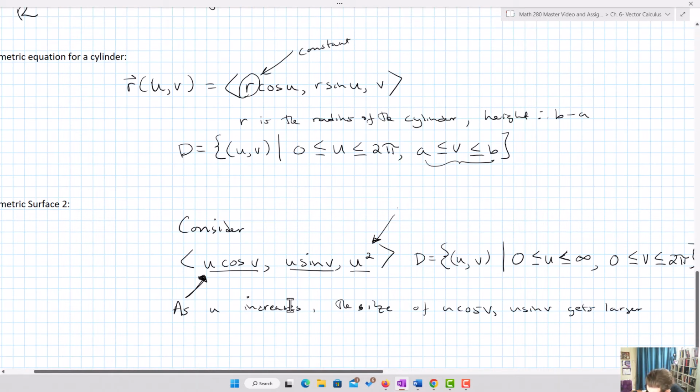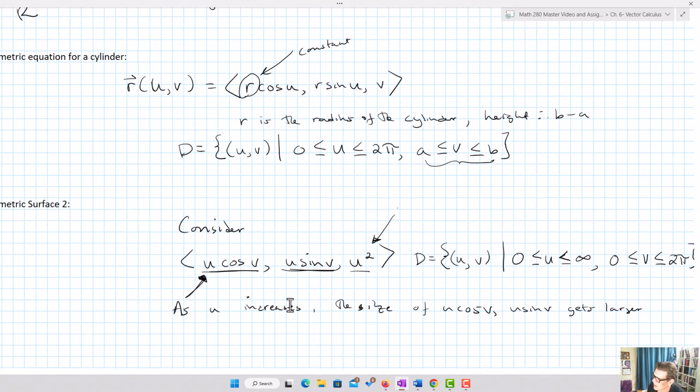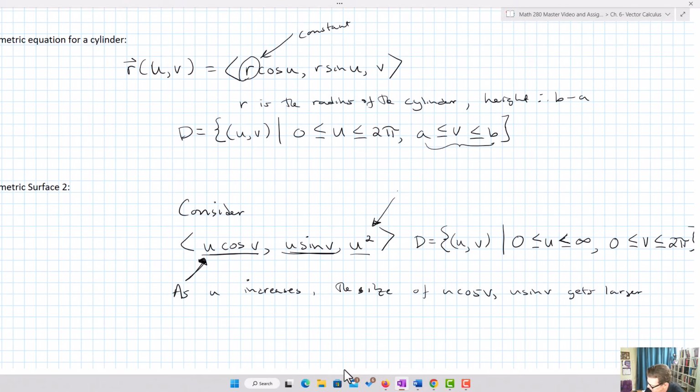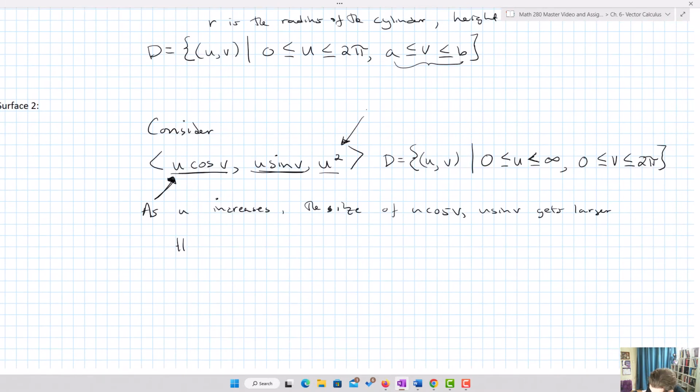The size of u cosine v and u sine v gets larger. Now, you probably say to yourself, okay, the grid curves for u cosine v, u sine v, and some constant value of u are going to be circles again. But those circles are going to get progressively larger. So we're going to think about some grid curves, and we're going to hold u constant.